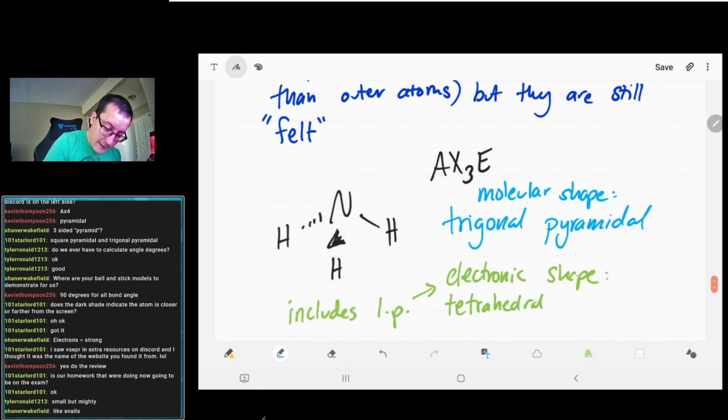Molecular shape excludes the lone pair. So anything that is AX3E will follow this pattern. It will be tetrahedral in terms of electron domains. However, it's going to become trigonal pyramidal if we look at it pretending the electrons aren't there and just looking at the molecule itself.